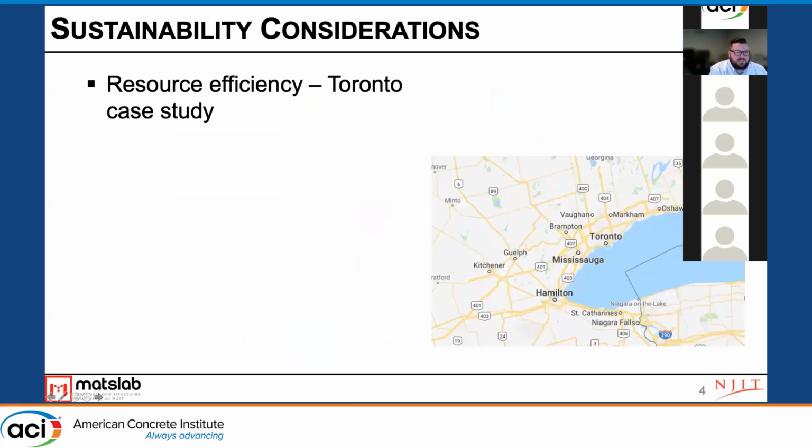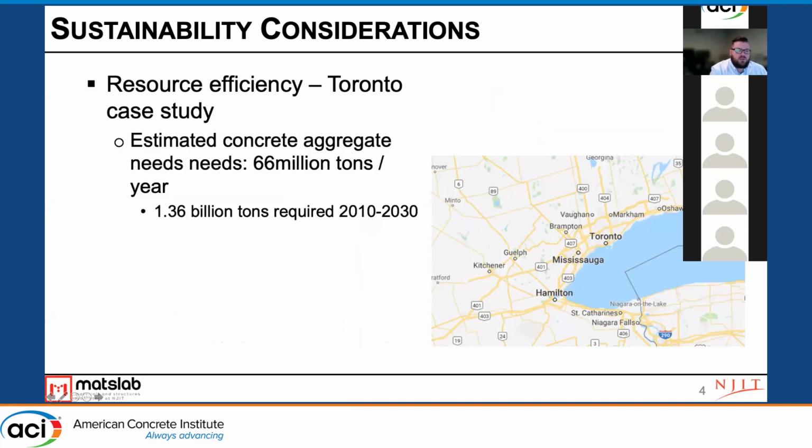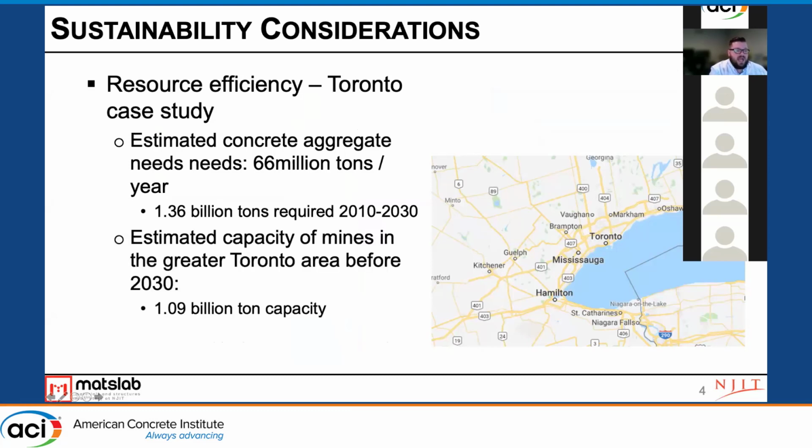In terms of sustainability, the big contribution is really resource efficiency and trying to control how much natural aggregate we're using. For example, in Toronto, there's this great case study looking at how much concrete aggregate they really need over a 20-year period, and they estimated that they had less actual capacity than what they were going to require for concrete aggregates.